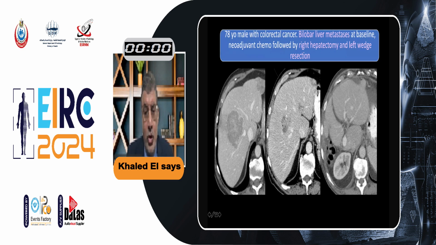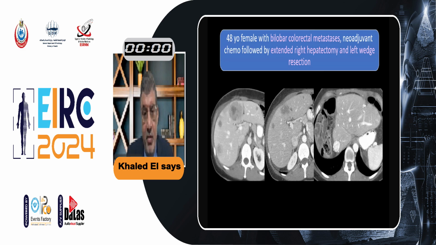They do chemotherapy first, then portal vein embolization aiming to atrophy the right liver and hypertrophy the remaining left liver, and resect the segment 2 metastasis. Again, the same thing here: multiple bilobar hepatic metastases, mainly within the right, but you see one within segment 4. So you have to do an extended right hepatectomy.